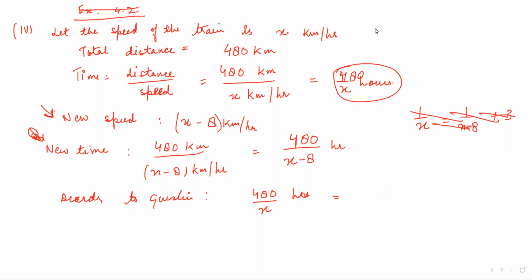No, please form it. Help me out. Okay, read it again. If the speed had been 8 kilometers per hour less, then it would have taken 3 hours more to cover the same distance. Okay, this time some extra time it is taking.